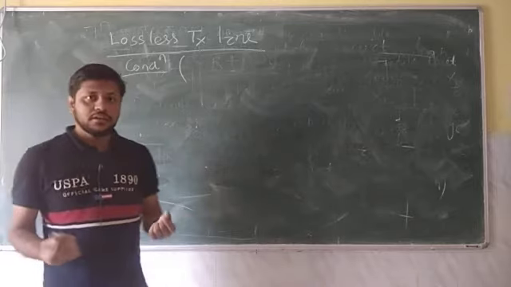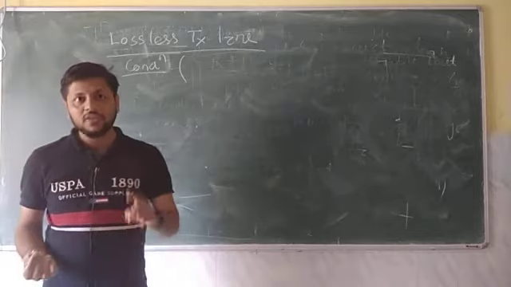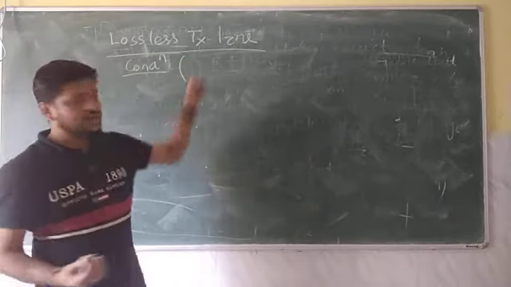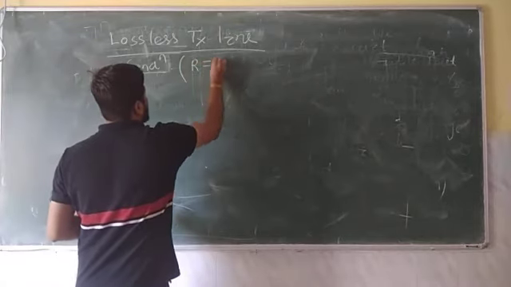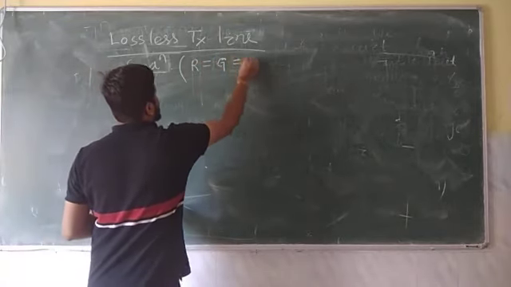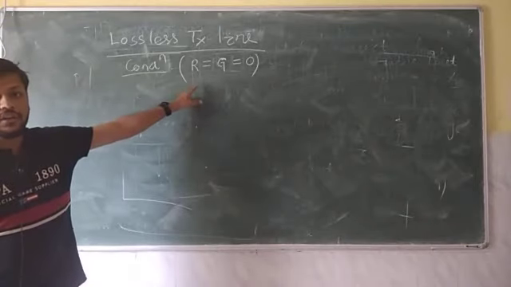So in a circuit, resistance represents that loss. If that resistance value is 0, your circuit is known as a lossless transmission line. So the condition is R is equal to G is equal to 0. This is the condition for a lossless transmission line.